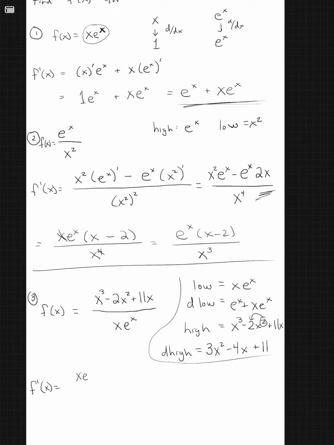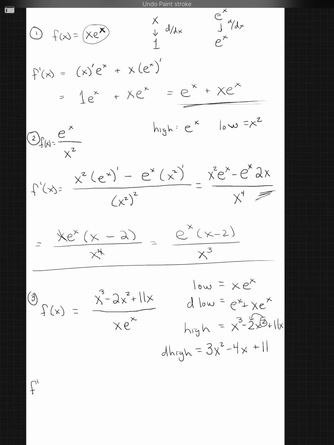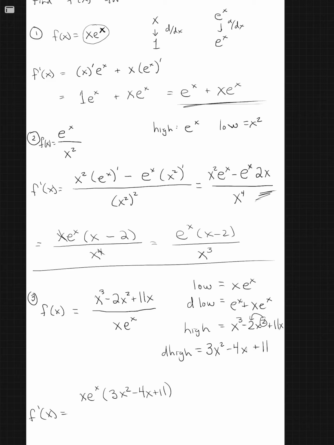We can remember that it's low, d high, minus high, d low, over the square of low we go.